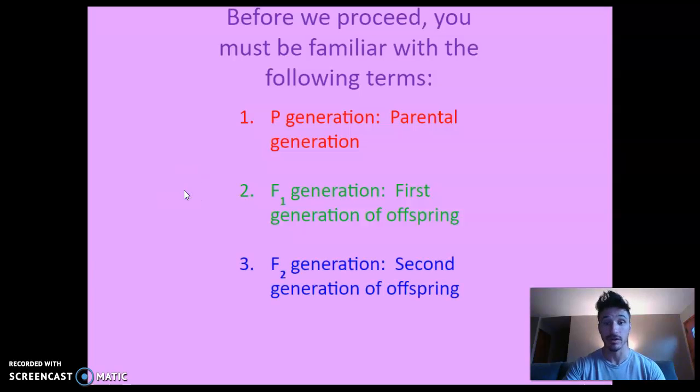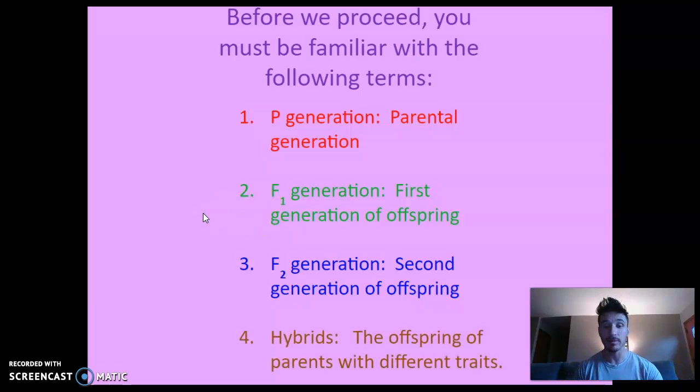F2 generation refers to the second generation of offspring, namely the first generation's offspring, okay? And lastly, the term hybrid refers to offspring with parents of different traits. We are all hybrids. Your mother, your father have different traits, making us hybrids.